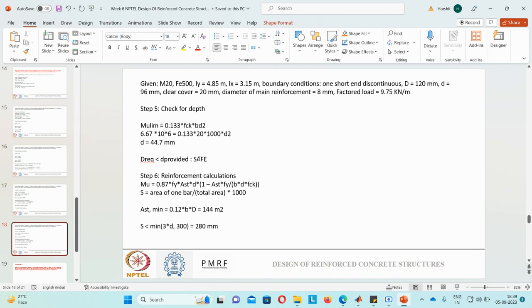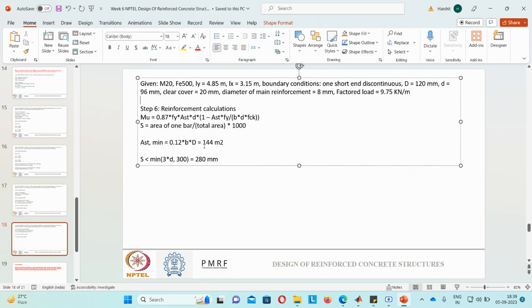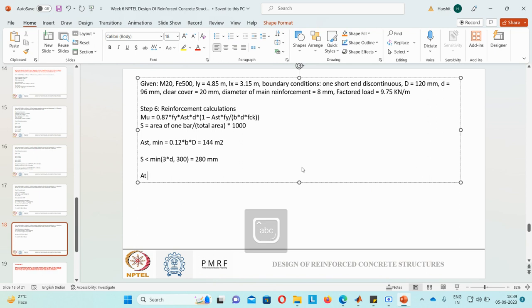Just to clarify everything, on applying all the equations, what you will get at supports: my Mu is 6.67 kilonewton meter. For this, you will get Ast required as 165 mm square.